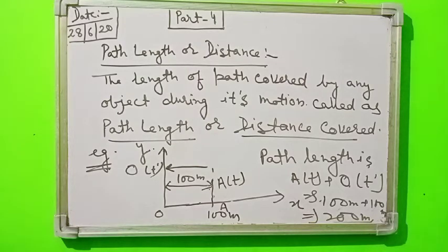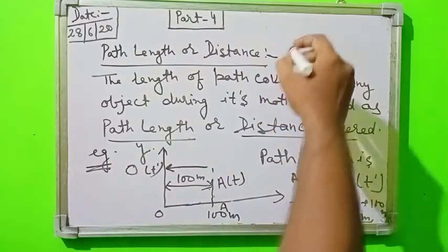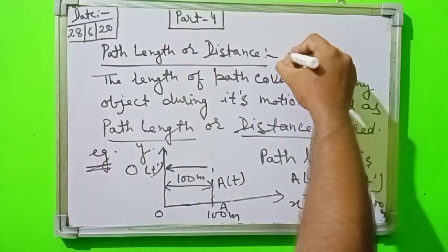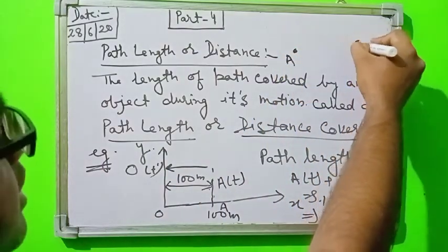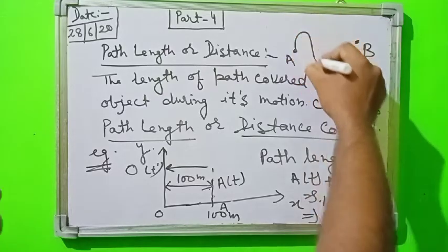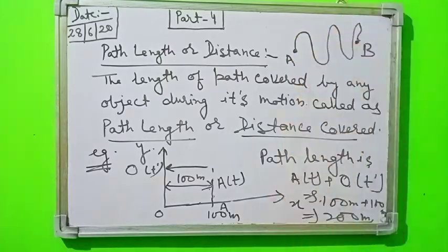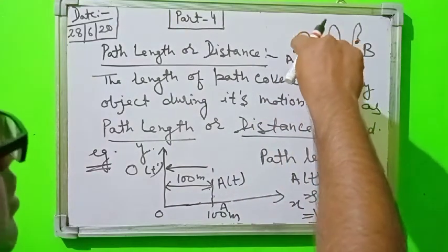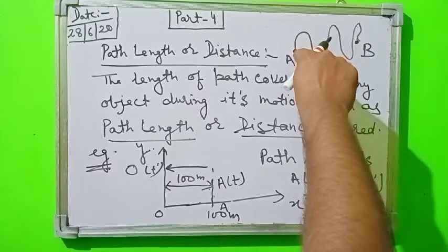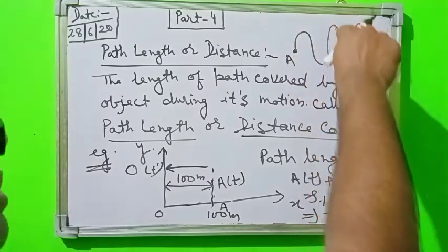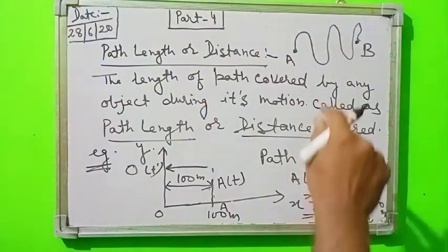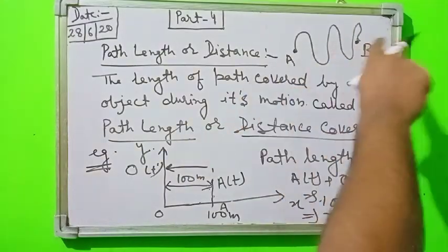Means the distance covered by the object, or the path followed. Suppose an object has to reach this destination and it has followed this curved path, then how can you find out the path length? There is no suitable scale to measure these curved lines. So for this, you will tie a string along the same path, then straighten the string and measure its length.